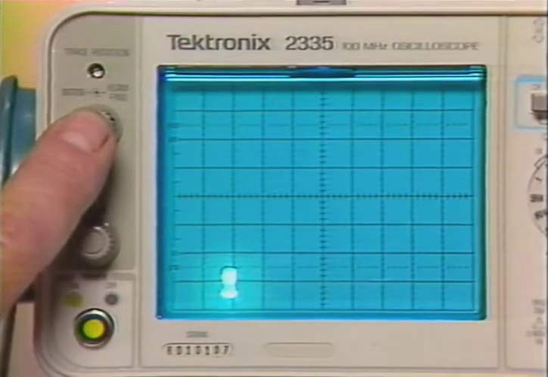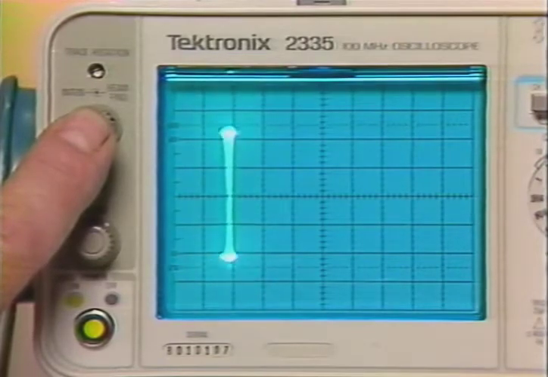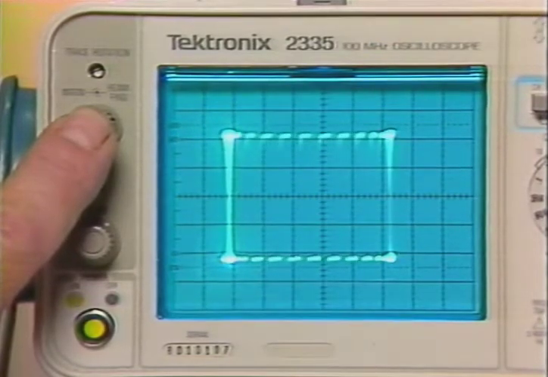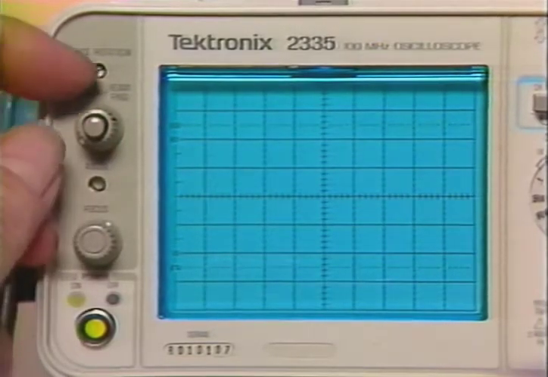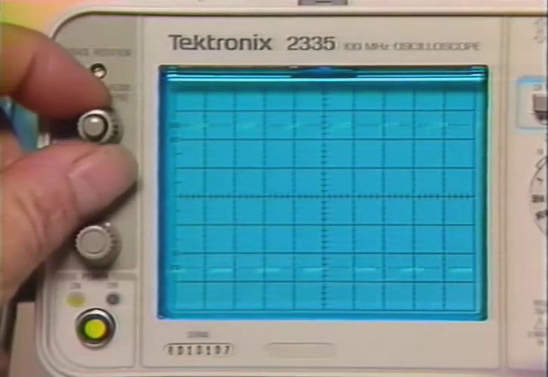When you push the beam find button, the intensity is increased and the vertical and horizontal deflection voltages are reduced, so that the beam always appears on the screen. When you see which quadrant of the screen the beam appears in, you can turn the horizontal and vertical position controls to reposition the trace to center screen. When you release the button, adjust the intensity control for a visible trace.